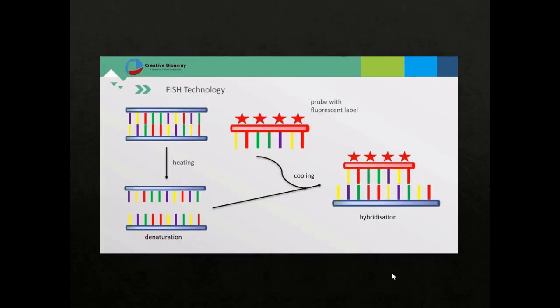This is FISH technology. It exploits the idea that one DNA strand can complementarily hybridize to the other DNA strand. The FISH probes are basically short segments of DNA and they are fluorescently labeled, and the DNA strand is heated, so denaturation occurs and the strands separate.